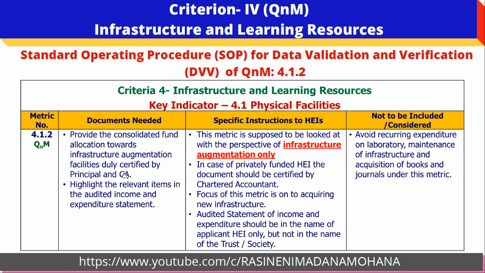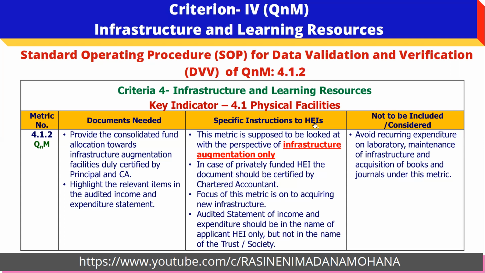CA, chartered accountant, authorization is a must for any budget-related item in the entire NAAC process. Then in the audit statement, you need to highlight the relevant items in the audited income and expenditure statement. For 4.1.2, the infrastructure augmentation headers need to be highlighted in the audited balance statement.